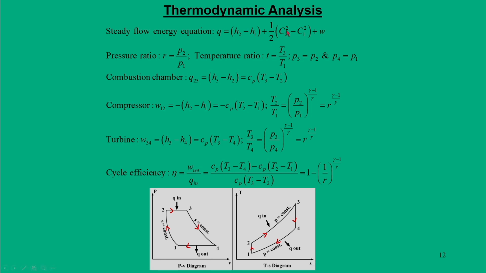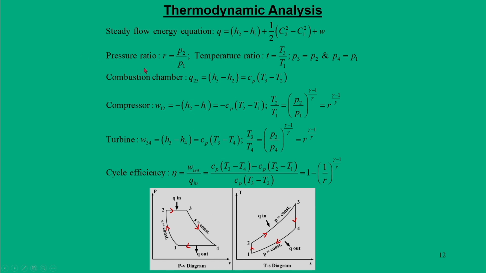So, it is only the change in kinetic energy and the change in enthalpy. This change in enthalpy takes care of the internal energy change as well as the flow work, and Q is your heat transfer, W is the work transfer. Now, this particular equation we are going to use for our gas turbine cycle, which is ideal in nature.